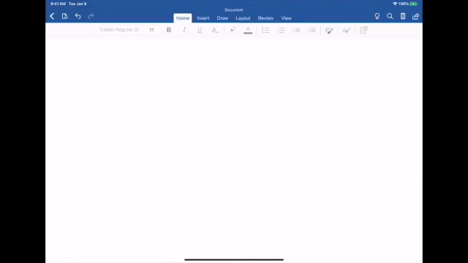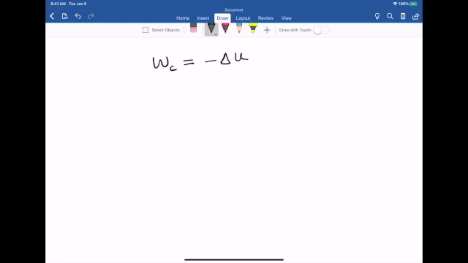Okay, so what we've seen so far is that potential energy is defined through this equation. The work done by a conservative force is the negative of the change of potential energy. Now, what we're going to do now is calculate the potential energy associated with the spring force. In particular, suppose I've got a spring like this, and the end of the spring is currently at x equals 0 as usual.